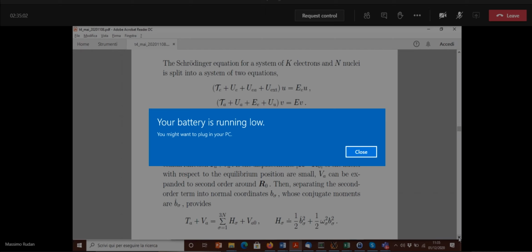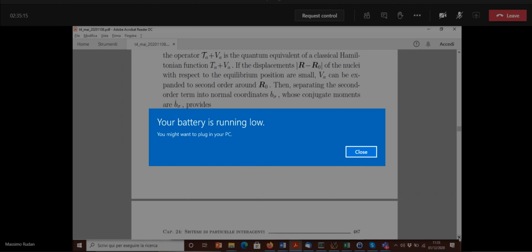Okay, this is something that we have already done, and we have found the total energy of the set of atoms is given in the last line here.